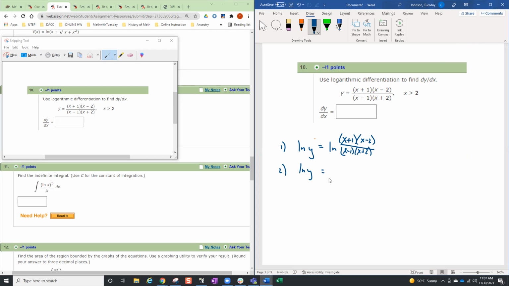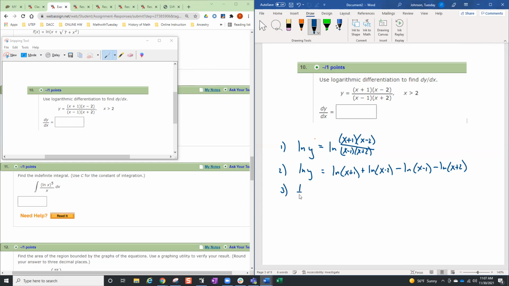If it was in the numerator, it's going to be positive. If it came from the denominator, that quotient rule, right? Exponents in the denominator are negative. All logarithms are is exponents. So anything that was in the denominator will have a negative in front of it. No powers, so I don't have to worry about numbers out in front. I guess it's a 4-step process.